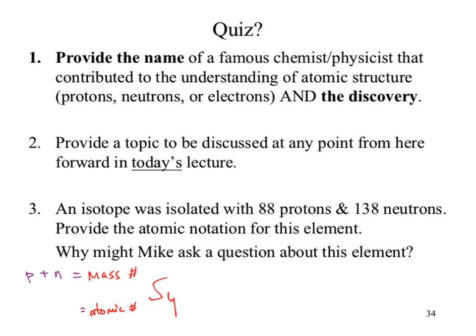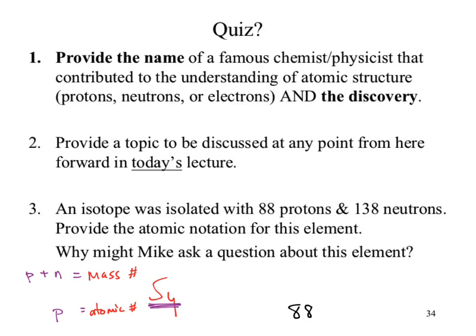Just the protons. Where did I get the symbol from? Whatever is on the periodic table. It is the symbol for that element. What dictates the element? Protons. The number of protons. So the first thing I need to identify in all of that information is my atomic number, the number of protons, which happens to be 88.